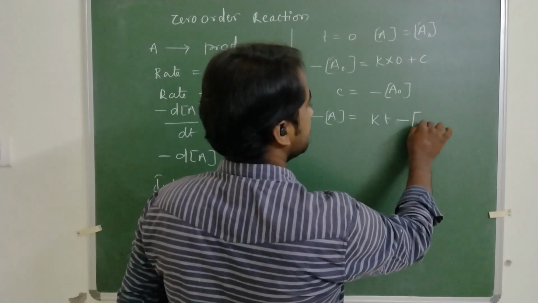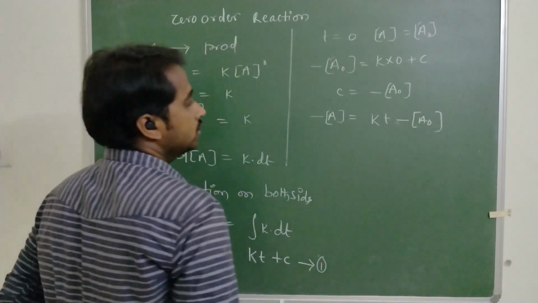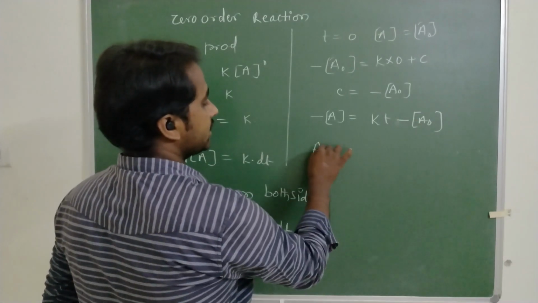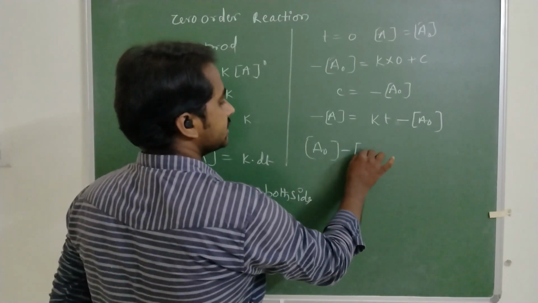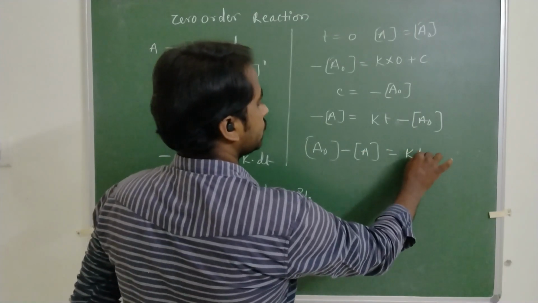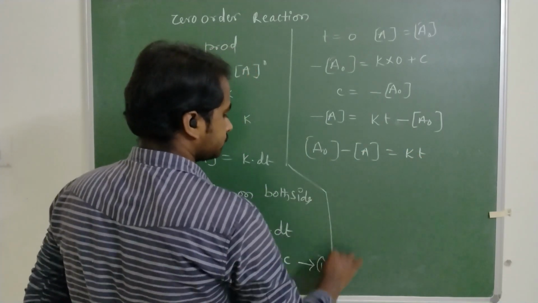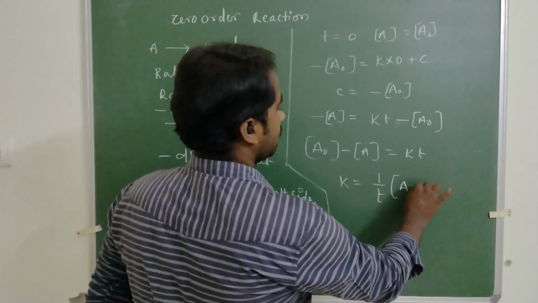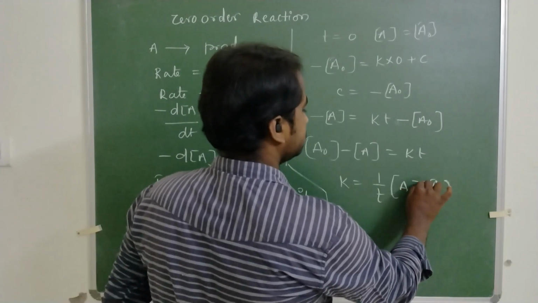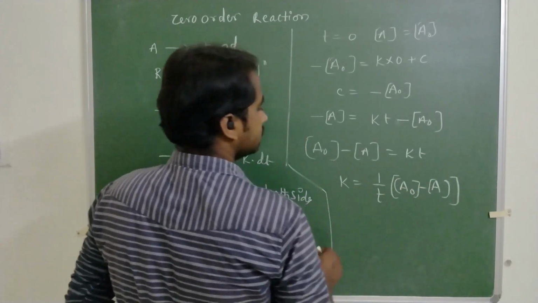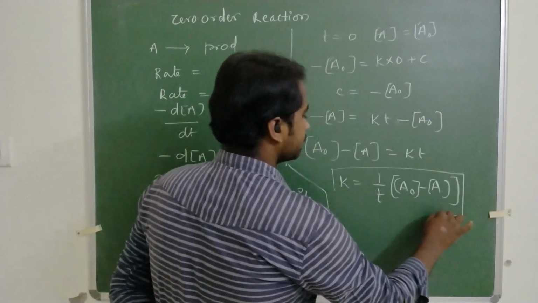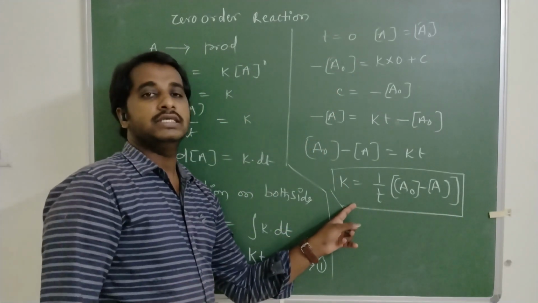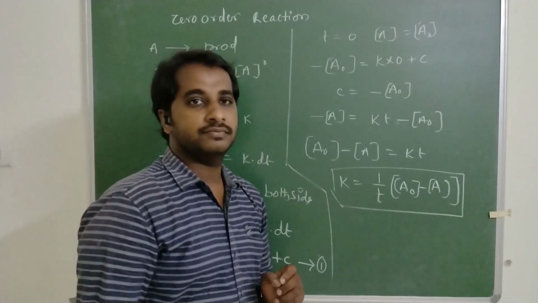Now if you bring this to this side, A naught minus A is equal to Kt. Now K is equal to 1 by t into A naught minus A. This is the final equation for a zero order reaction.